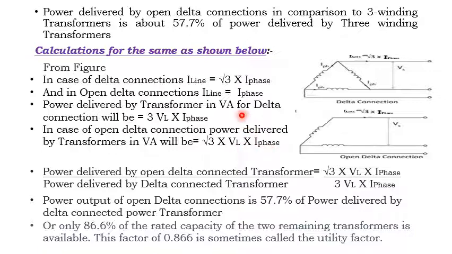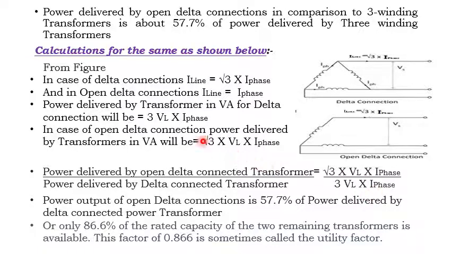Now I take the ratio of the power delivered by the open delta connected transformer and the power delivered by the delta connected transformer. That is power delivered by open delta divided by power delivered by delta, equals root 3 times VL into I phase divided by 3 times VL into I phase.